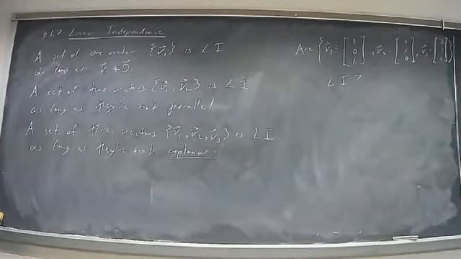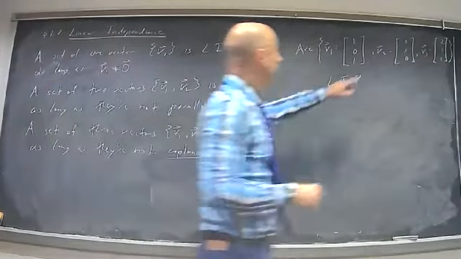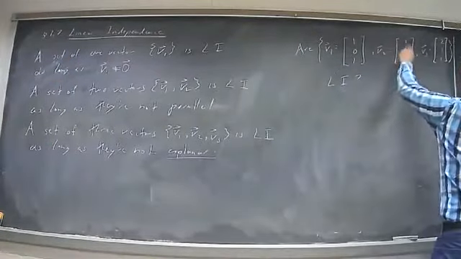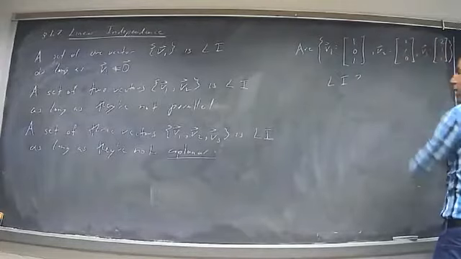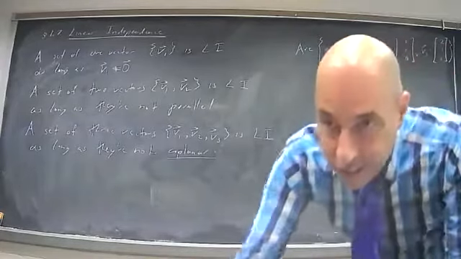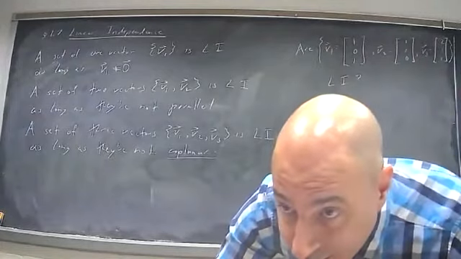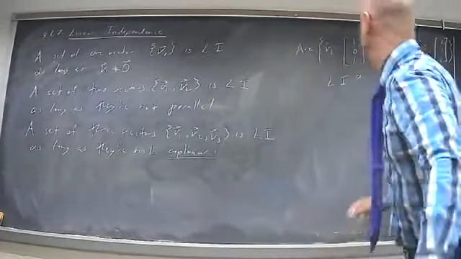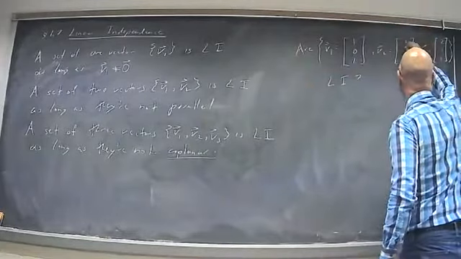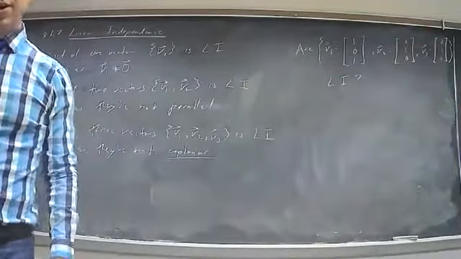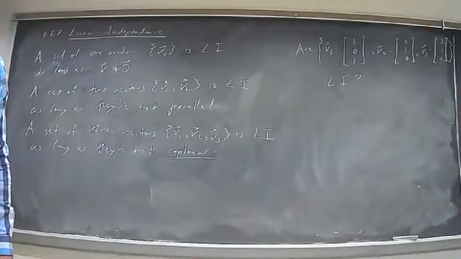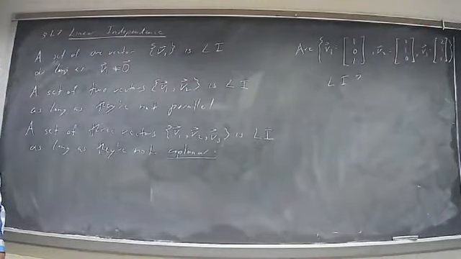What's the second number in V2? In V2, 1, 1, 0. And V3 is 2, 1, 1. Sorry, it's a little hard to see. So are these linearly independent?